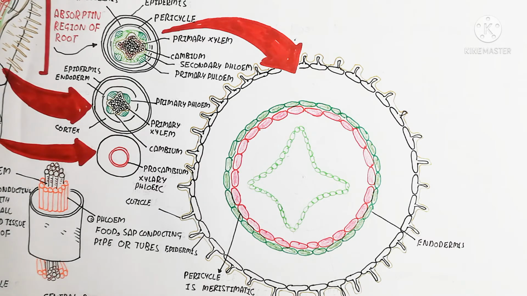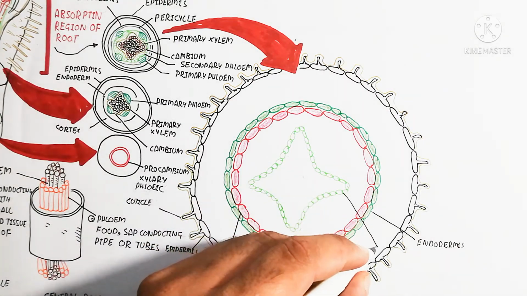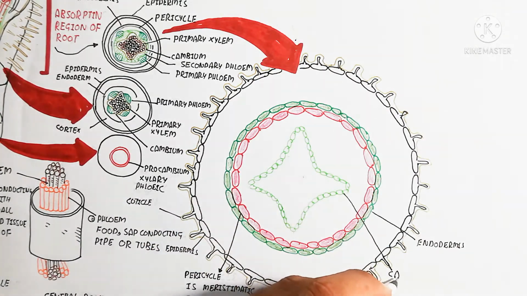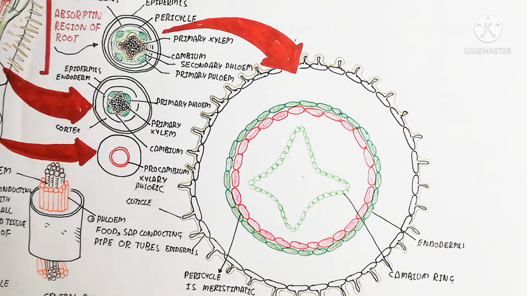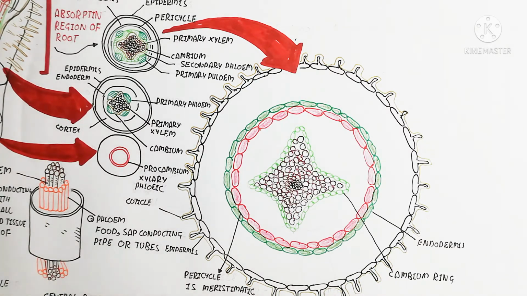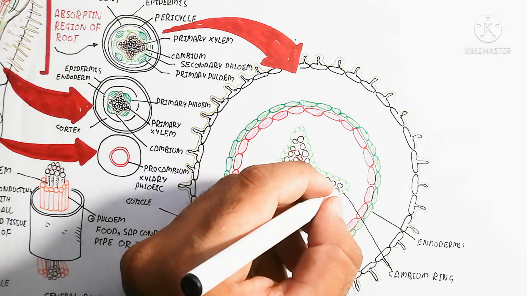This cambium is able to differentiate into the xylem and phloem. The xylem moves inside, while the phloem moves outside. So the cambium ring is here, and inside it the xylem moves.